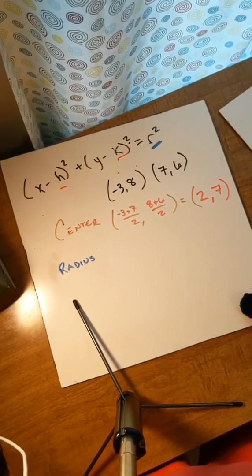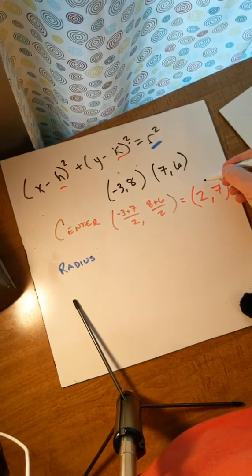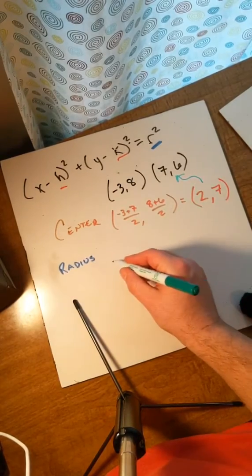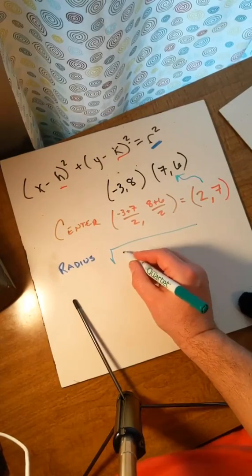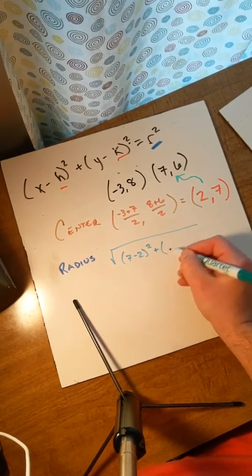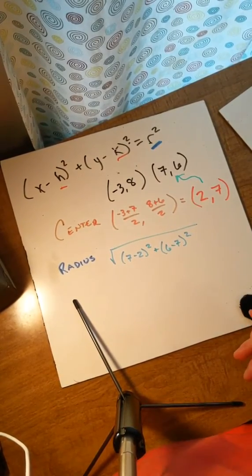Next thing that we want to do is to take this center, which is at 2, 7, and find the distance from either point. I'm going to use that one there, less negatives. Hopefully it works out better. All right, so I'm going to do 7 minus 2 squared plus 6 minus 7 squared.